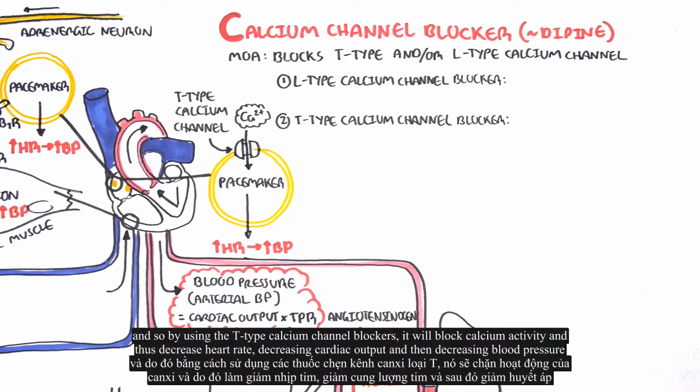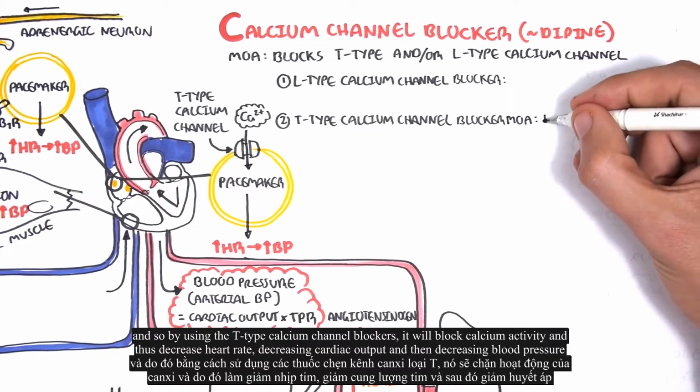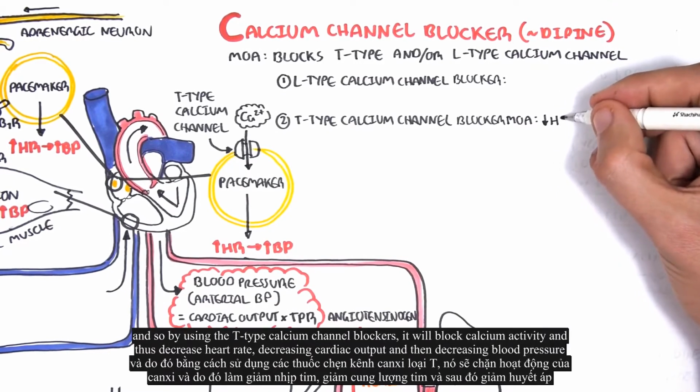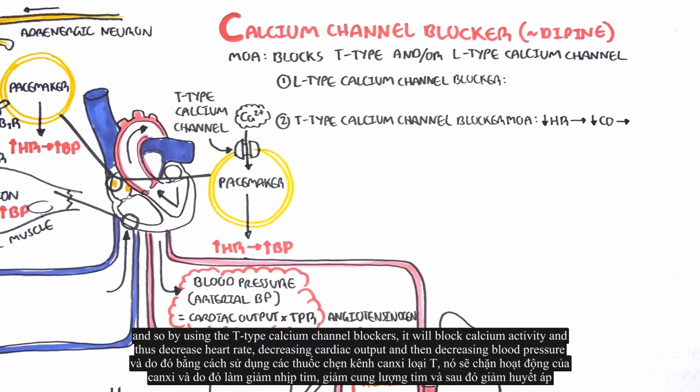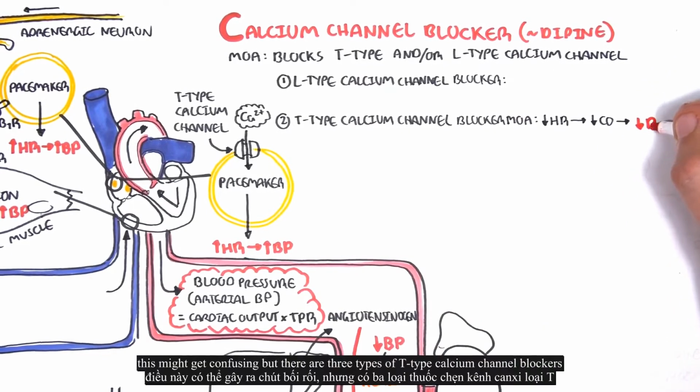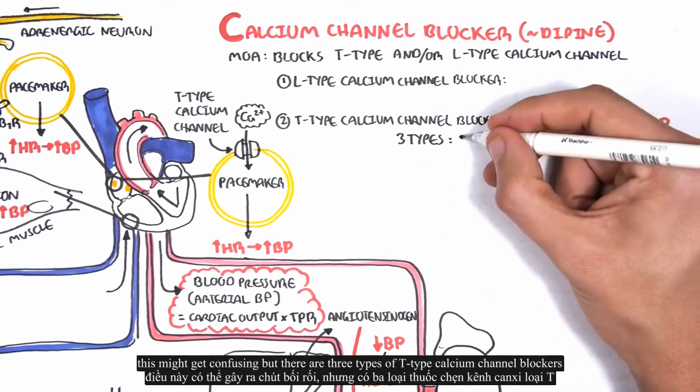And so by using T-type calcium channel blockers, it will block calcium activity and thus decrease heart rate, decreasing cardiac output, and then decreasing blood pressure. This might get confusing, but there are three types of these blockers.